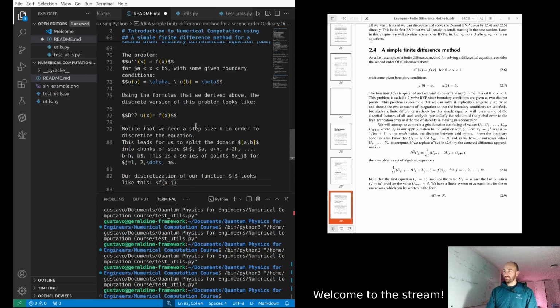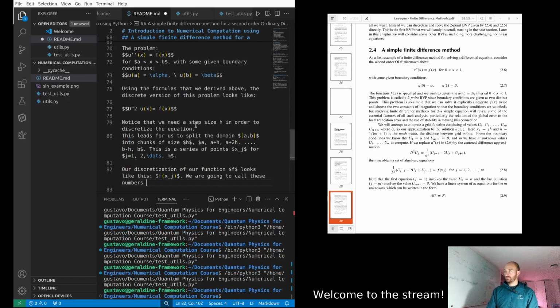This is the evaluation of the function at these points. And we're gonna call those guys f of j's, just for simplicity of notation. Maybe I'll put it in parentheses so that it's not so mysterious. We're gonna call all these numbers f sub j's.